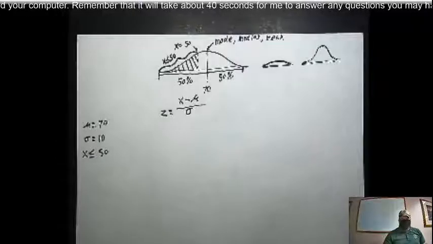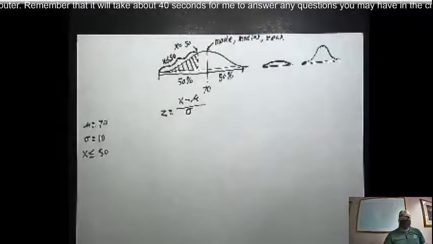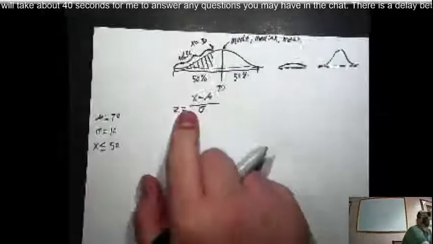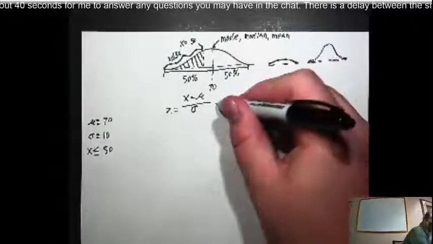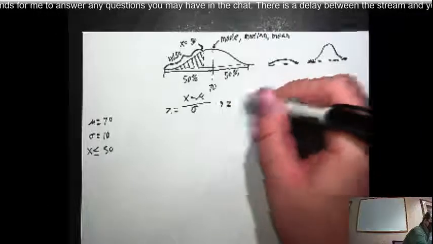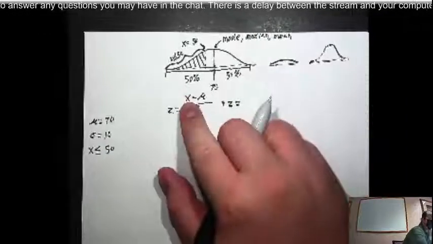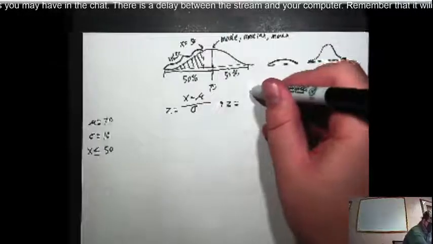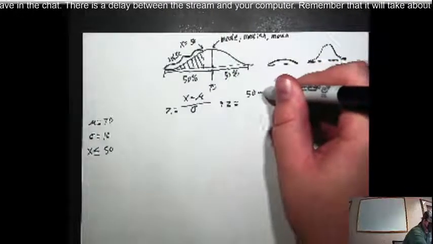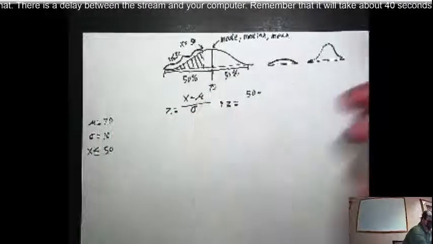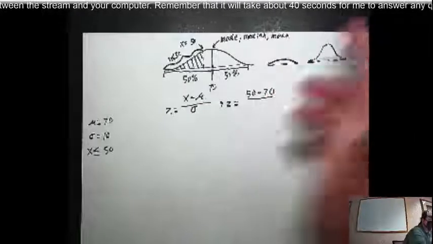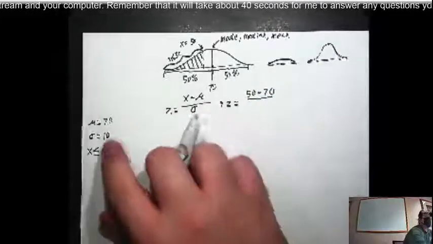So again, we need to find this z-score, and we do that by just plugging these numbers into our equation. So z equals x is 50 minus the mean, which is 70, divided by the standard deviation, which is 10.